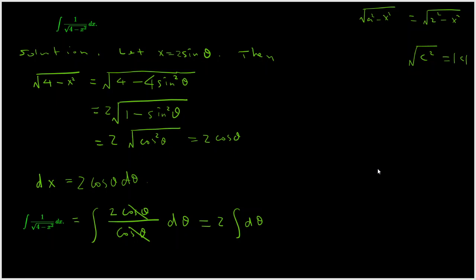And then the new integral is an integral with respect to theta. The antiderivative of 1 is not x in this case. The antiderivative of 1 is theta. So you have 2 theta and then plus c. So that makes sense?